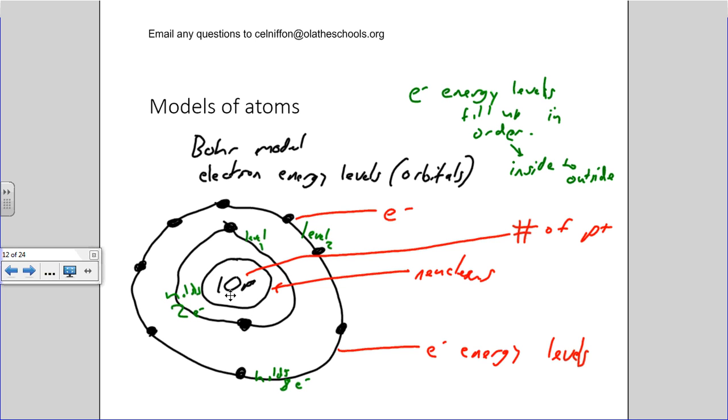The second row has 8 elements, meaning the second energy level holds 1, 2, 3, 4, 5, 6, 7, 8 electrons. Same with the next one: row 3 has 8 electrons. So energy level 3, which isn't in neon, but if it were, would hold 8 electrons as well. So that's a quick overview of the Bohr model of atoms.